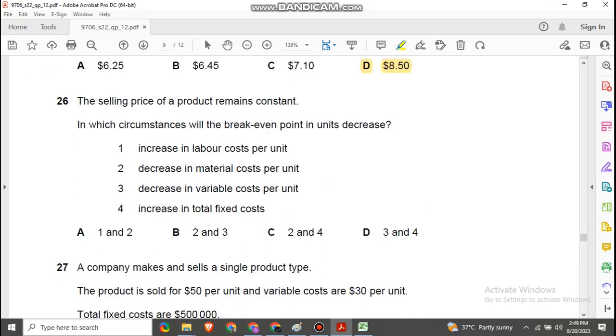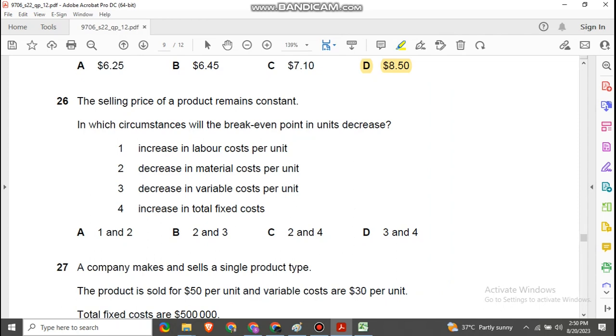Next question, question number 26. The selling price of a product remains constant. Okay, so the selling price is constant. In which circumstances will the break-even point in units decrease?